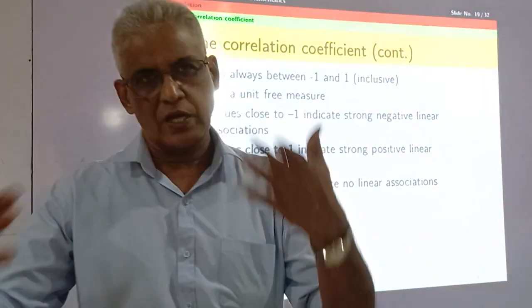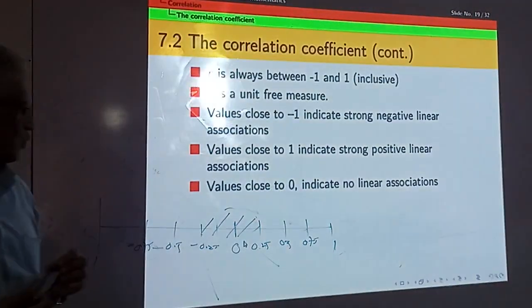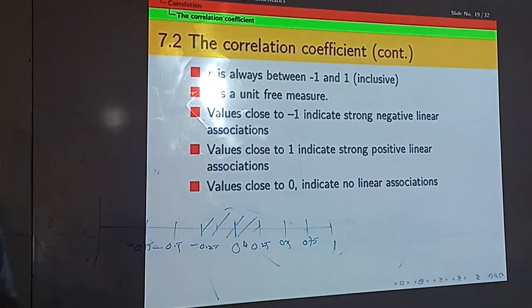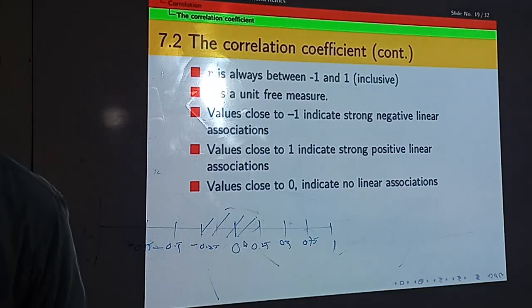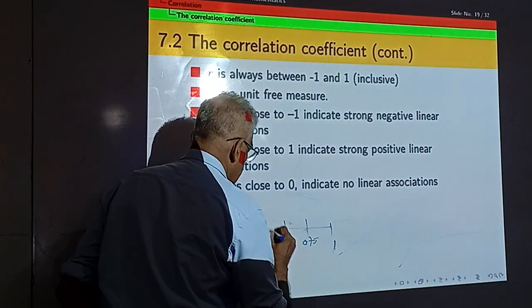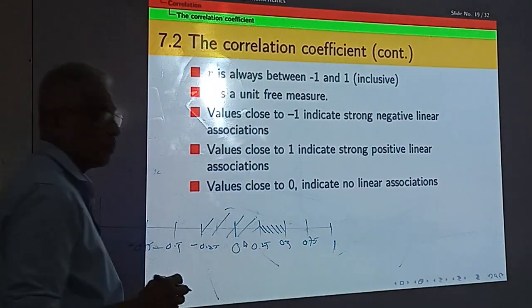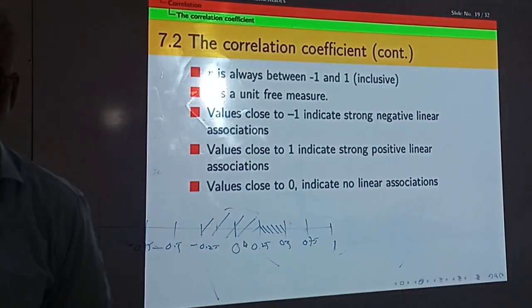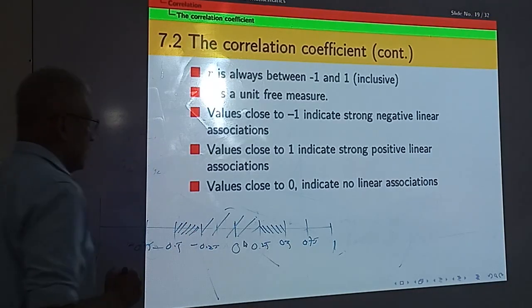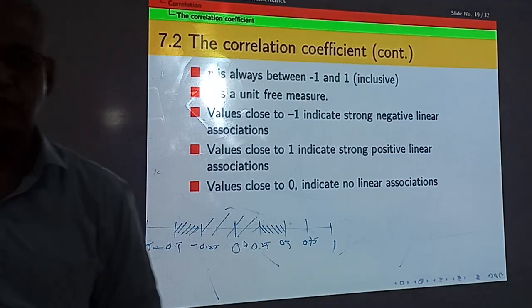But practically, when you calculate these things, if you get a number between -0.25 and +0.25, usually we interpret as there is no linear relationship. So if R is between these two numbers, then we say there is a positive weak linear relationship. And similarly, if R is here, we say negative weak linear relationship.